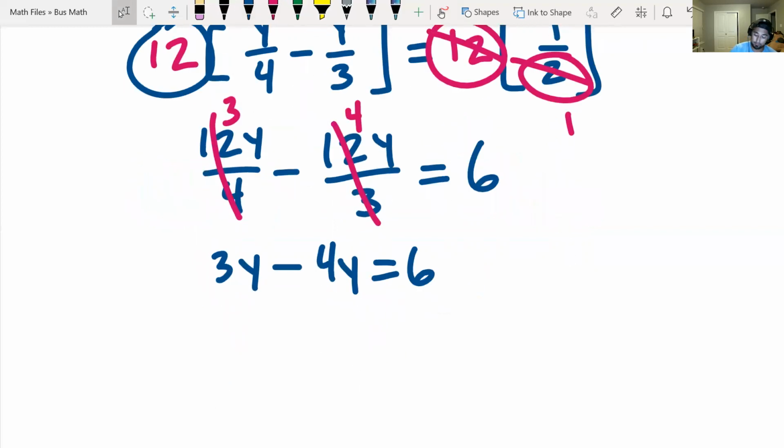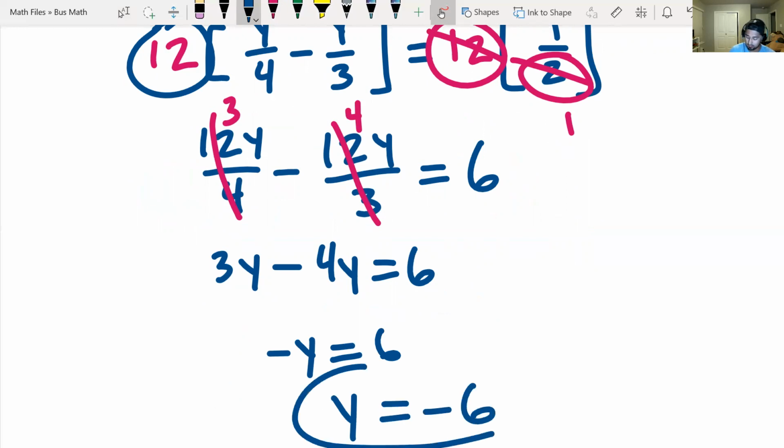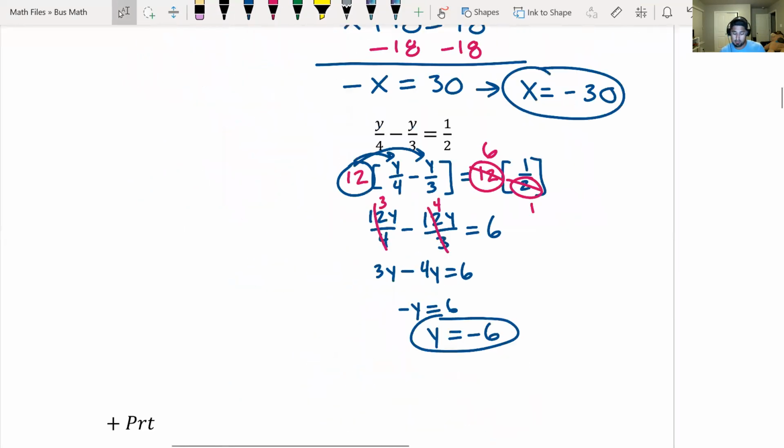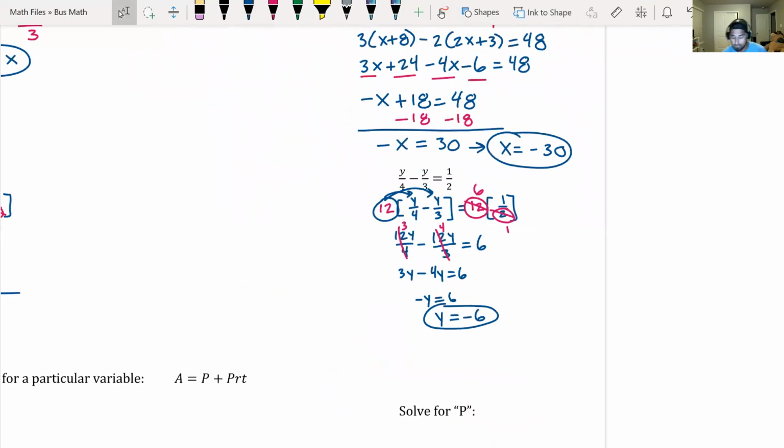Clean it up. Negative y equals 6, and therefore y equals negative 6. All right, not bad.